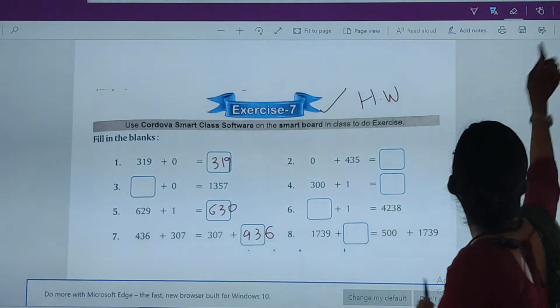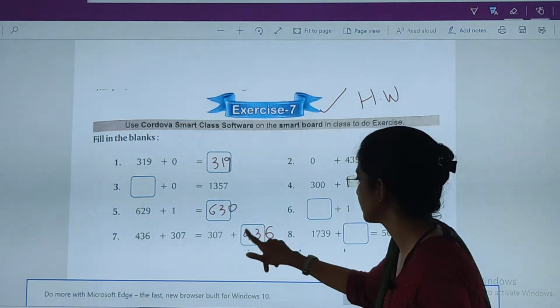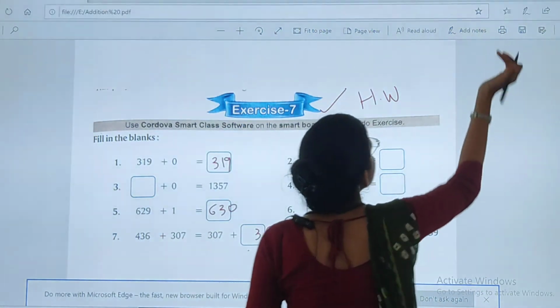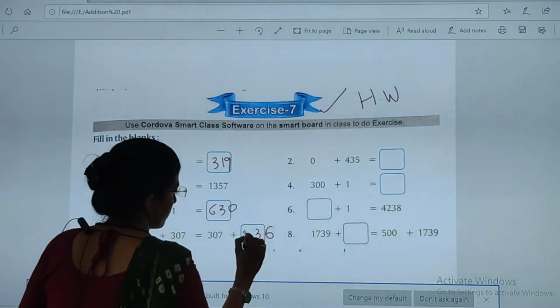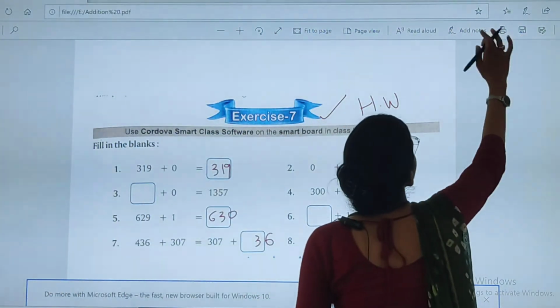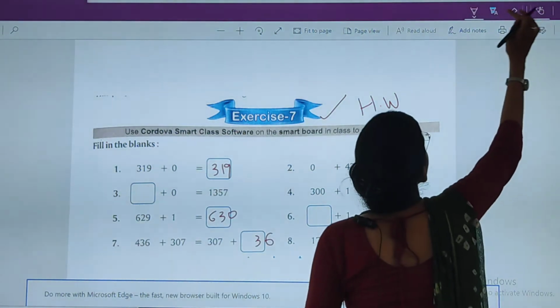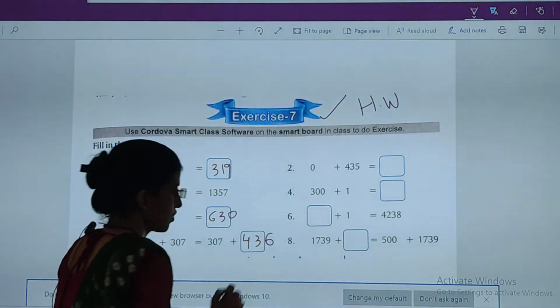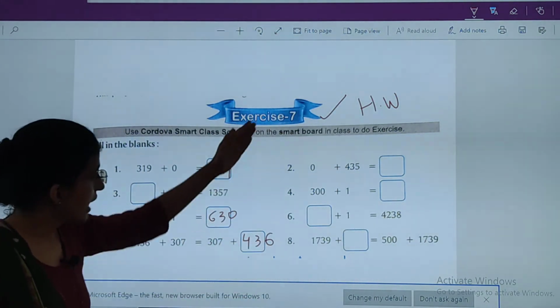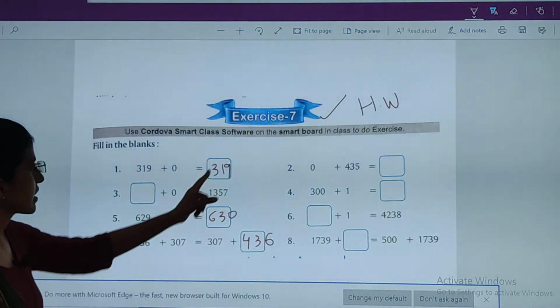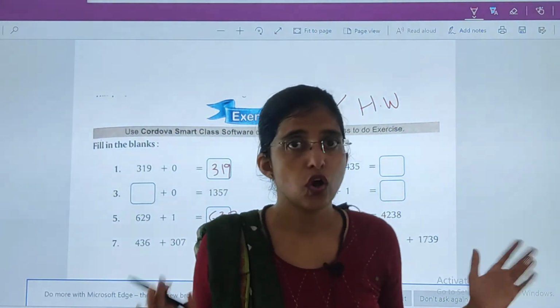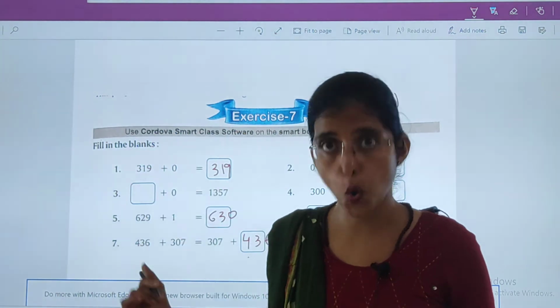Don't get confused. 436, okay? And these questions are same. See, ये सारे question ऐसे ही है. So you can do this very well by yourself. So this is your homework.